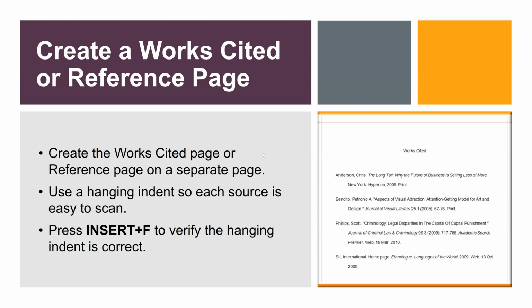Literally, it is the opposite of a paragraph. So the first line of that source, which might be your author's names, that first item is going to be flush left. Everything after that is going to be indented a half inch.